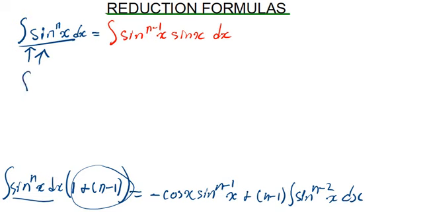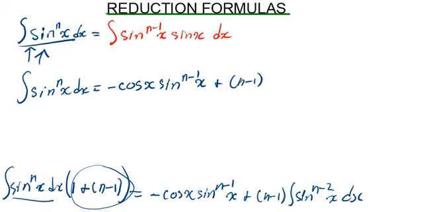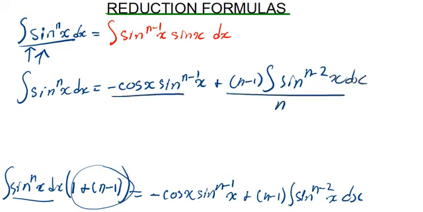So the integral of sine to the power n of x dx is equal to minus cosine of x times sine n minus 1 x, plus n minus 1 times the integral of sine n minus 2 x dx, all divided by n. That happens to be the reduction formula that we were looking for.